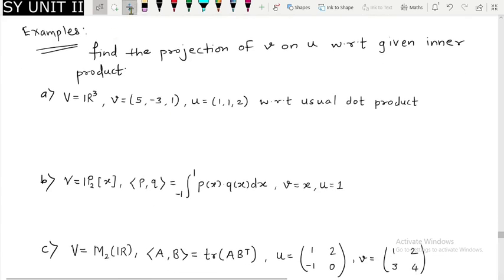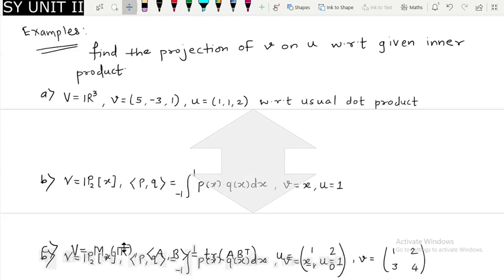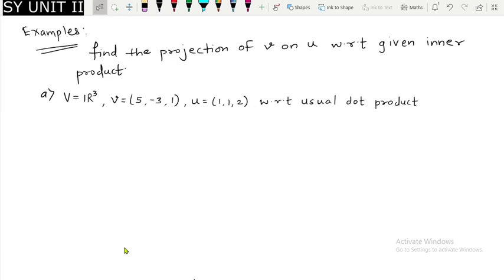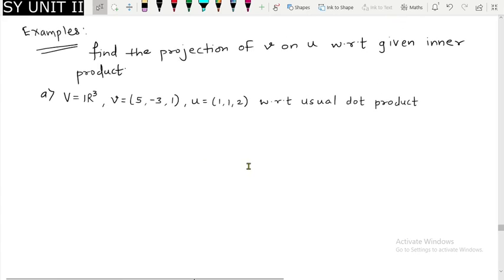Now you can see that v is given to us, u is given to us, so simply we are supposed to use the formula and we are supposed to find that orthogonal projection. But the point over here is whatever u is given, that is not unit in this case. They have asked us to find the projection of v on u.